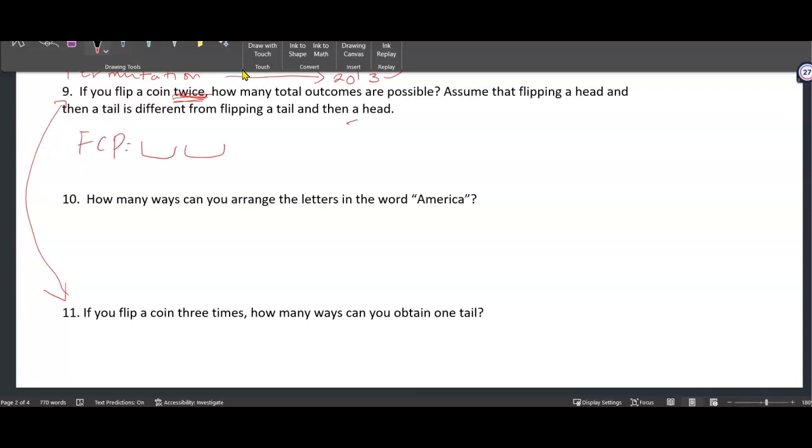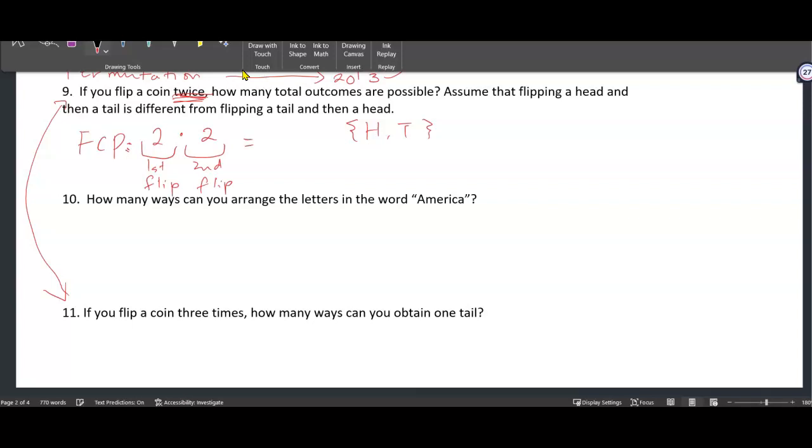And so you can actually see it as fundamental counting principle, 2 tasks. And because your possible outcome for your coin is head or tail, right? So you have 2 choices for your first flip, right? And can you flip the same outcome as the first flip in your second flip? If you had a head in the first flip, can you get a head again? Yes. So this one is only fundamental counting principle, because you don't lose a choice, right? So you cannot see it as permutation.